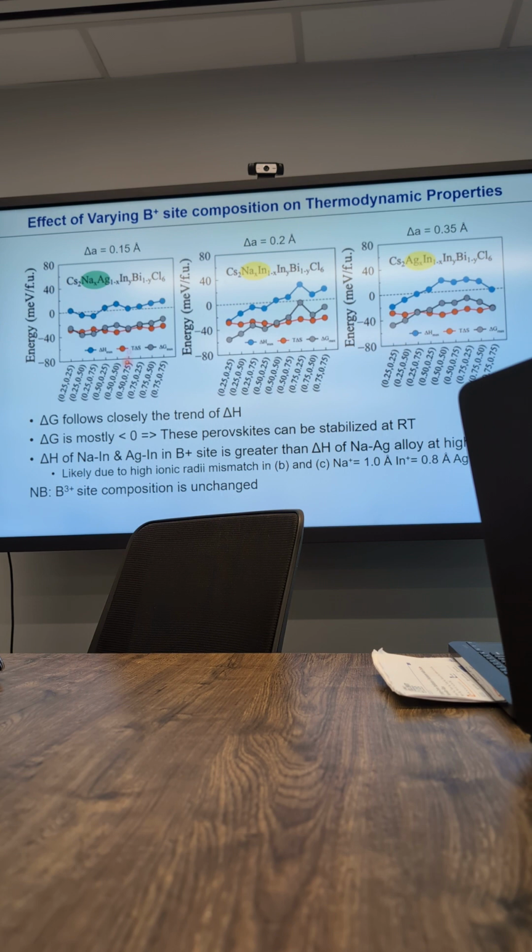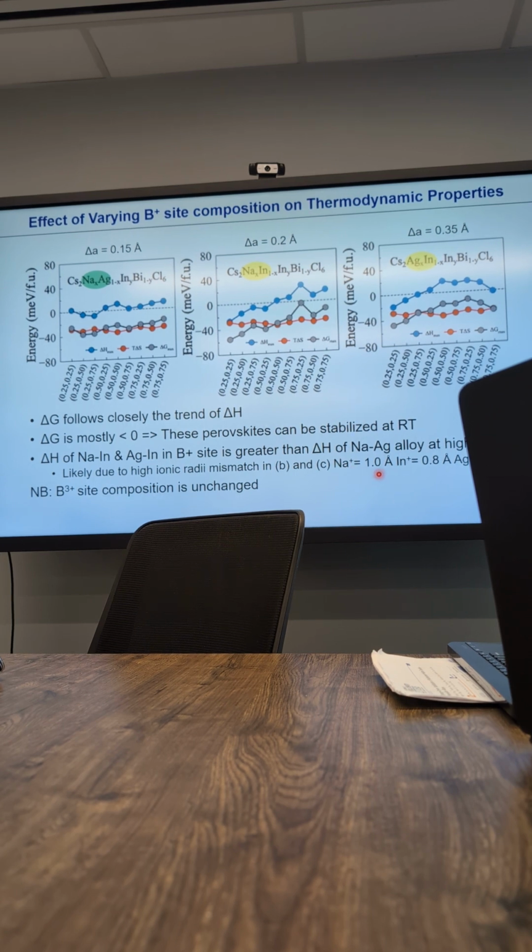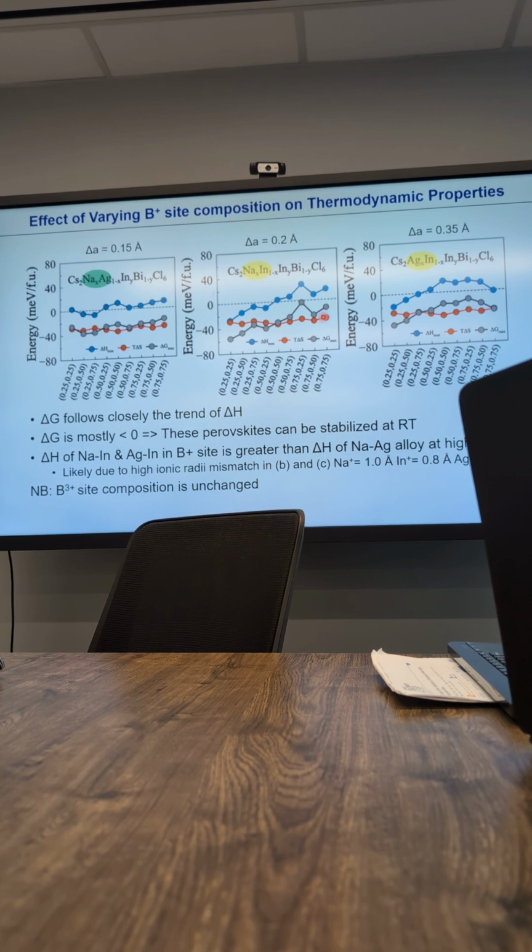Then as I studied, I realized it was actually because of the difference in ionic radii, right? I got these values off the internet. Sodium plus has an ionic radius of 1, indium is 0.8, silver is 1.15, and I calculated the difference, and you realize that this system has a smaller ionic radii difference than this and this.